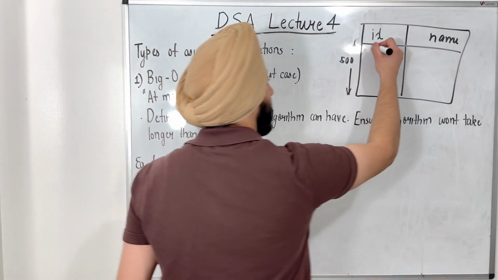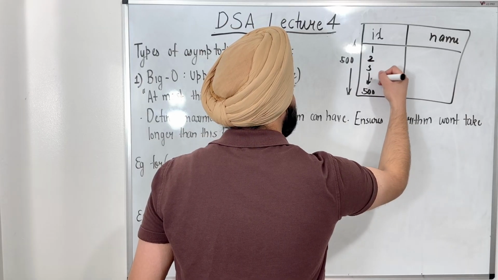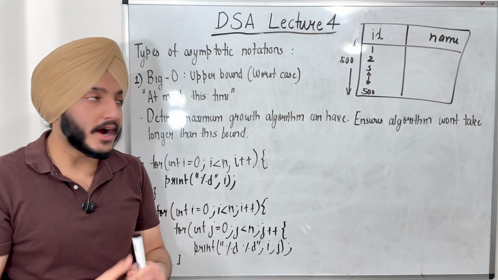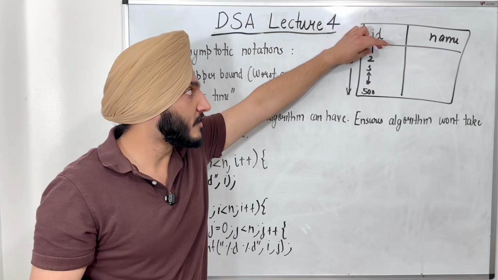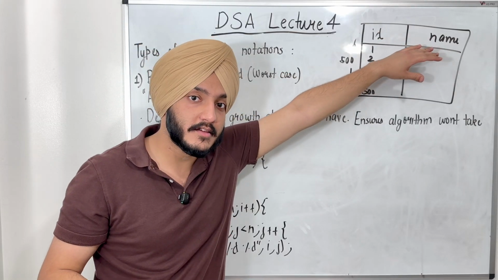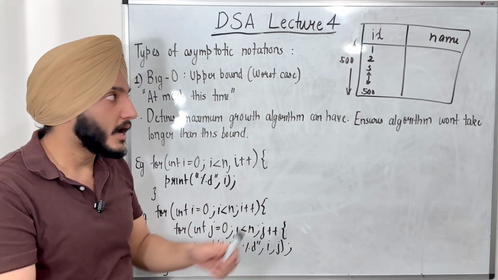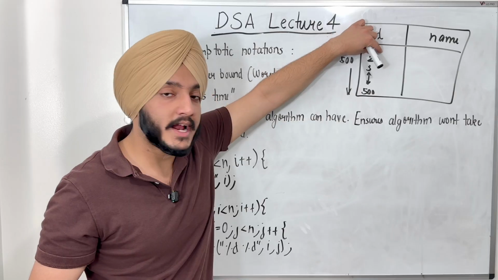So let's say this is ID 1, 2, 3, and so on until 500. Right? Now let's say that if I'm looking for the ID 1, then my algorithm is just going to start and it's going to find it at the first place, right? So if I'm looking for ID 1, I'm going to start a for loop and then I'm going to go inside this algorithm and the first element would be ID 1, right?